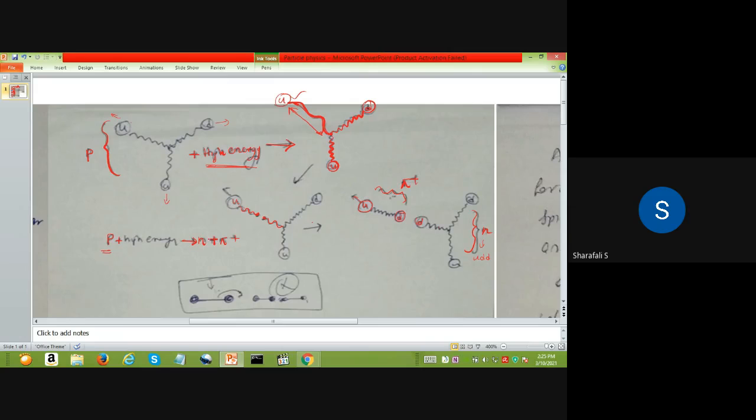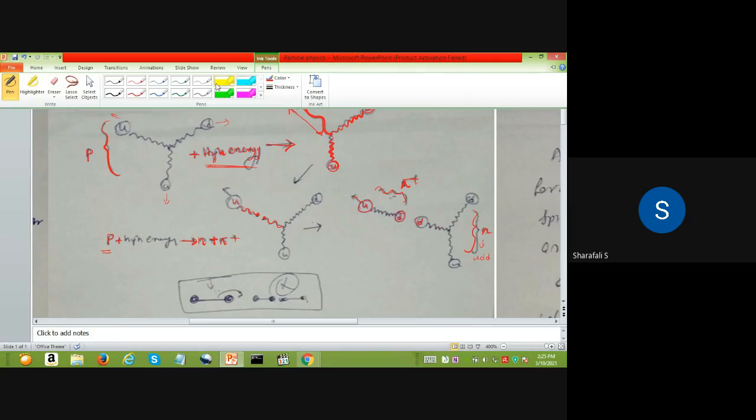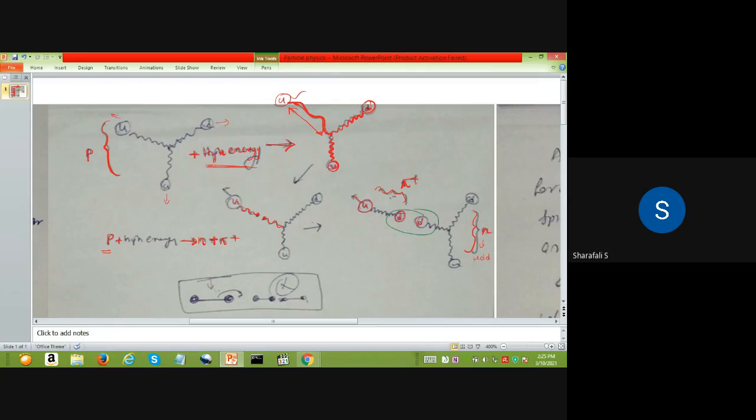So this is the confinement of those quarks, because we cannot separate those quarks as an individual quark. When you give very high energy, when this particular interaction breaks, it immediately forms a quark antiquark pair. You can see this particular figure, it immediately forms a quark antiquark pair. So depending upon this quark and antiquark pair, which is just formed because of that high energy, the particle produced will be different.